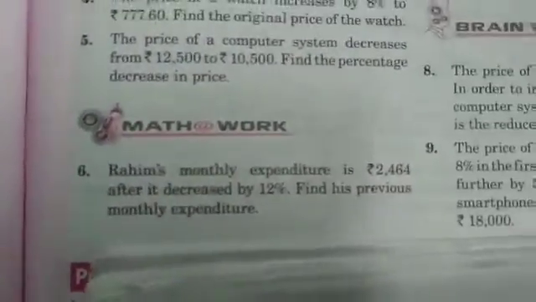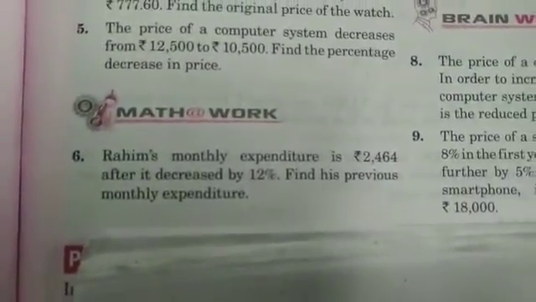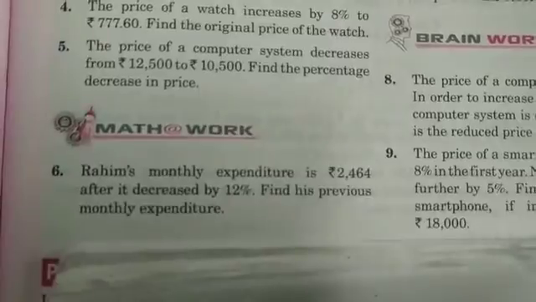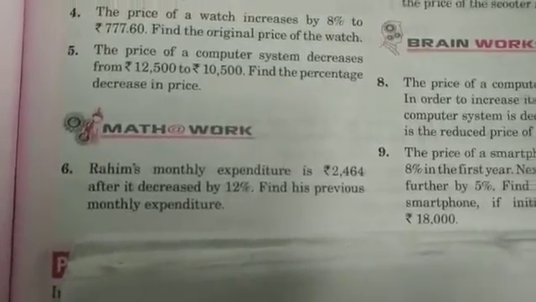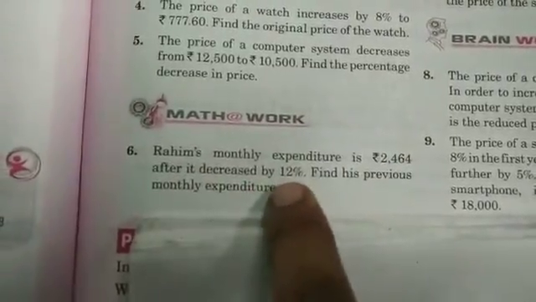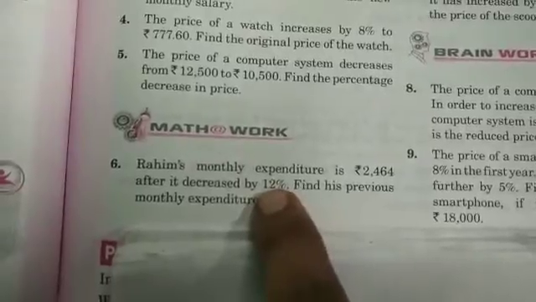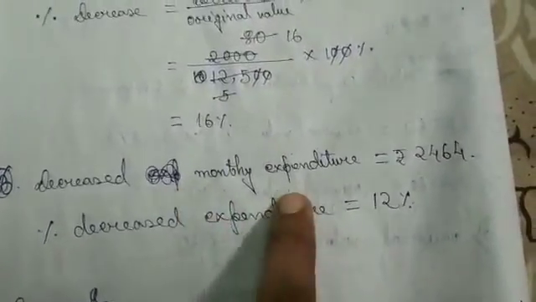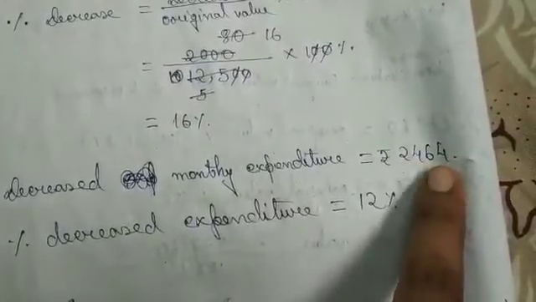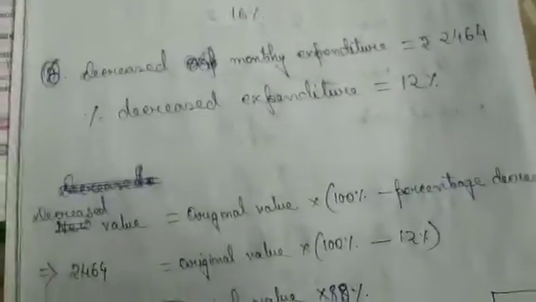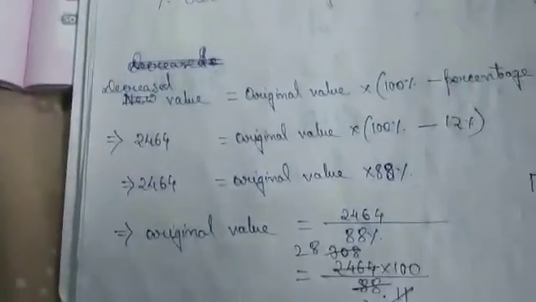Now question number 6. Rahim's monthly expenditure is 2,464 after it decreased by 12%. Find his previous monthly expenditure. So his decreased monthly expenditure is 2,464 and the percentage decrease is 12%. In this case we have to find the original value.